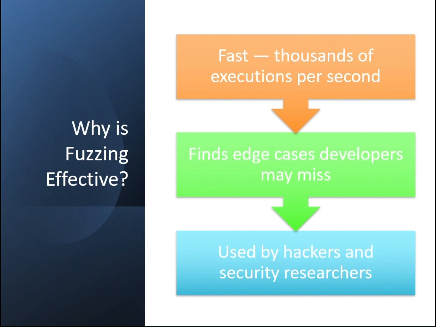Now, fuzzing is incredibly effective because it's fast and intelligent. Modern fuzzing tools like AFL, which is short for American Fuzzy Lop, or its successor AFL++, can execute thousands of test cases per second, far faster than any human testing.